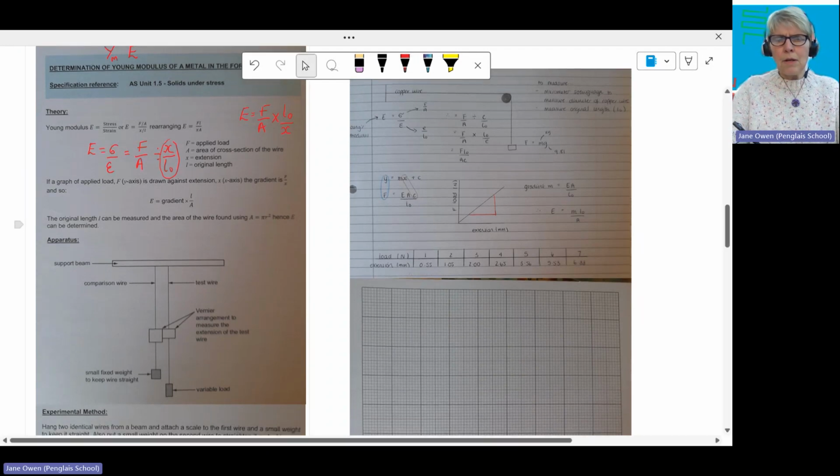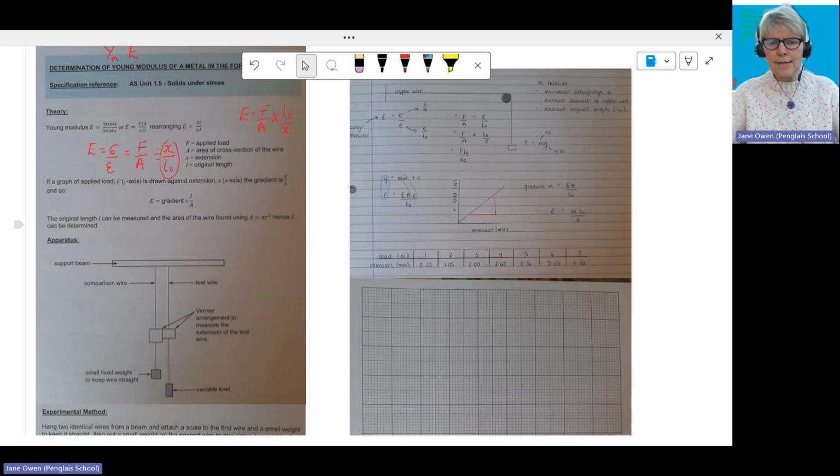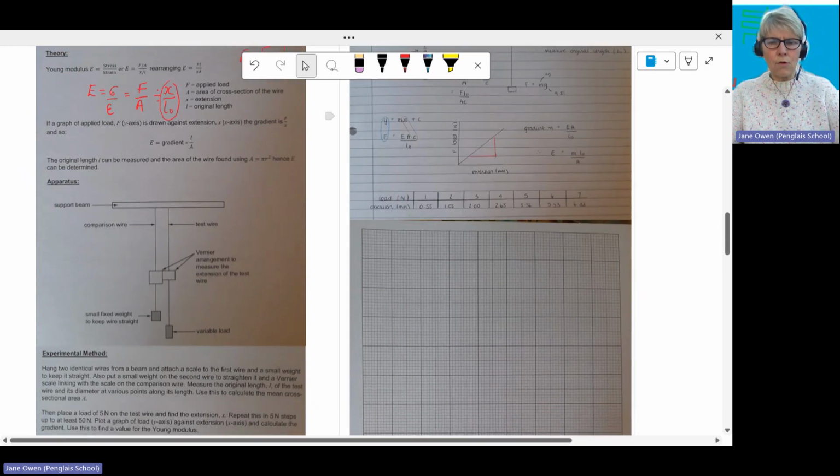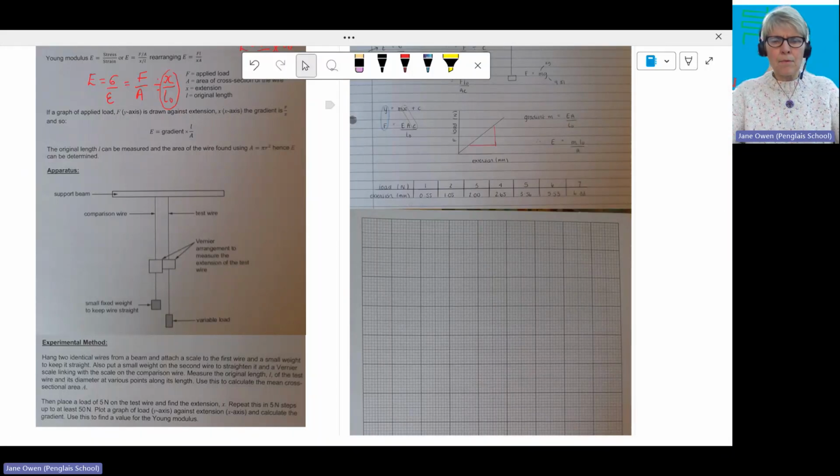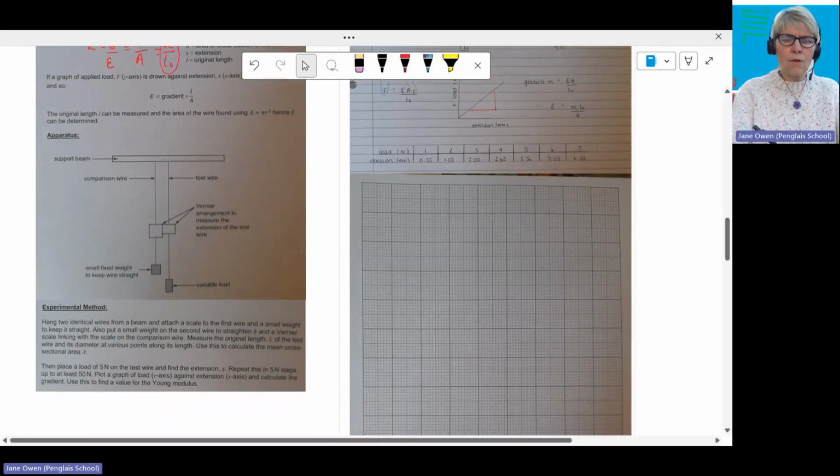Okay, so now what we need to do is relate this to some sort of y equals mx plus c so that we can plot a graph and vary some things. So the obvious choice, and I've done this two different ways, they have set up a device from the ceiling and they've measured the extension as you change this variable load here.